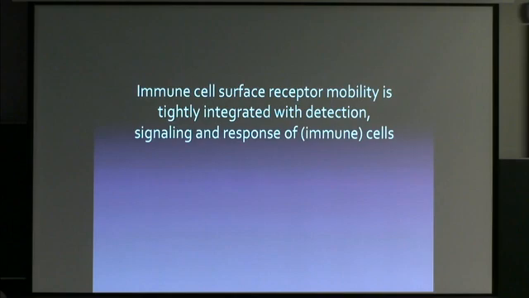Back in the old days, when I first started, there was a lot of chemical kinetic modeling around, and it's still there to some degree, but the spatial aspects are extremely important, and that's what I focus on in my work, by and large. What I'm going to try to do today is tell you about some experiments that have been going on at UBC, jointly between my group and the group of Mike Gold, who's an immunologist at UBC. Unfortunately, this is rather a negative talk. It's going to be about why things are difficult and hard to understand.